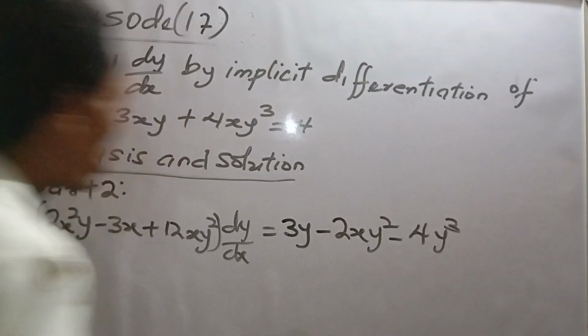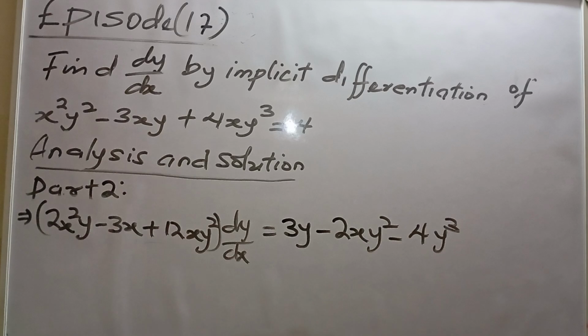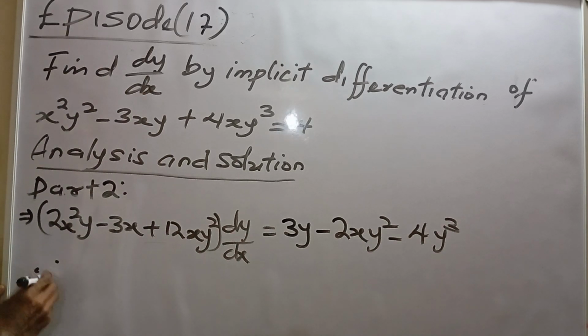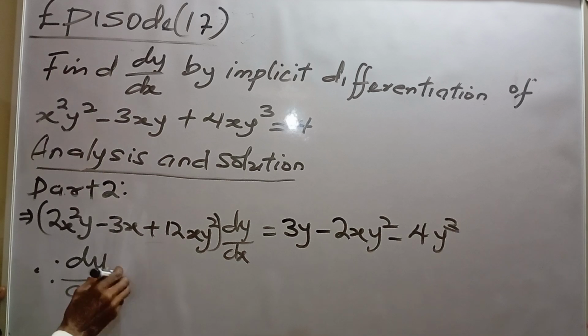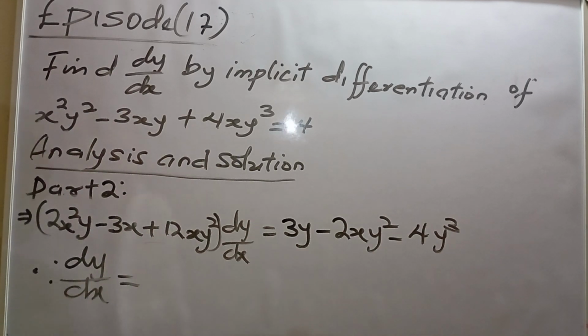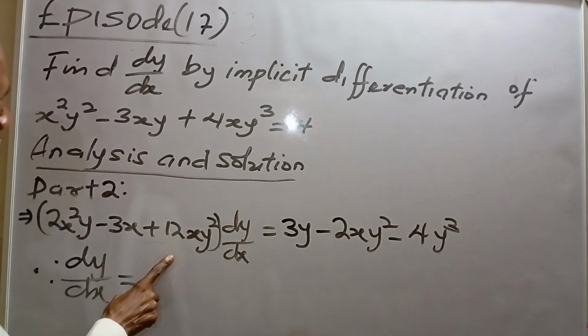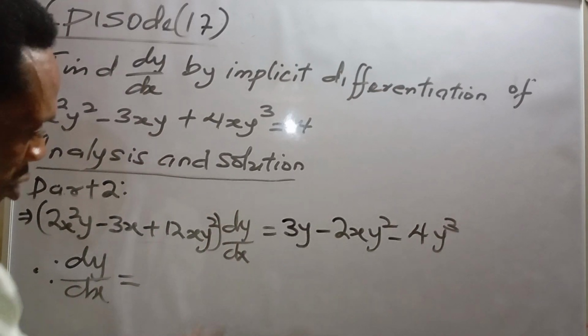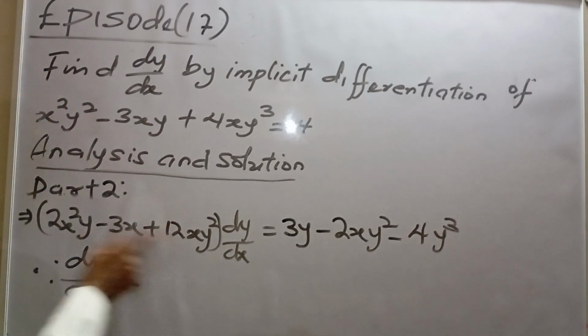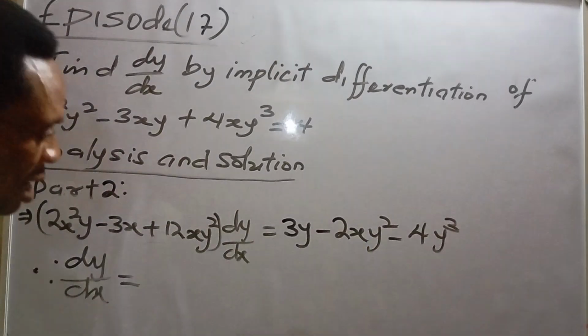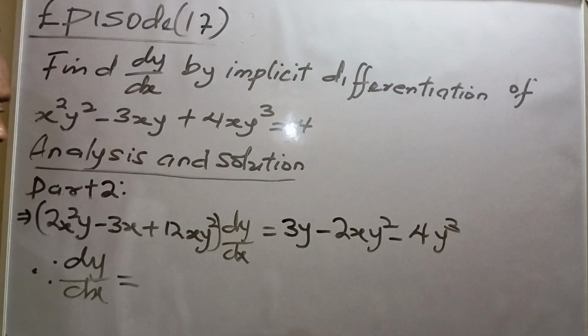So what are we looking for? We are looking for dy/ds. Therefore, dy/ds. So what are you doing now? The last thing that you do, you now divide both sides by the coefficient of dy/ds. What is the coefficient? You can see it: 2s squared y minus 3s plus 12s y index 2 is the coefficient of dy/ds. So you are using it to divide itself and the right-hand side.